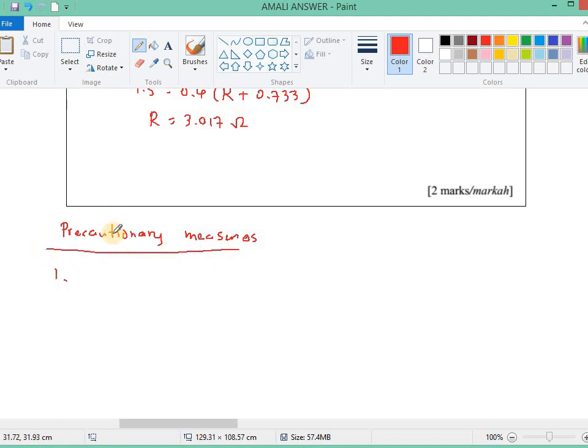The first one is make sure all connecting wires are connected tightly.